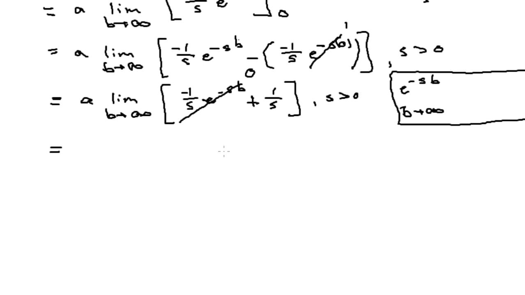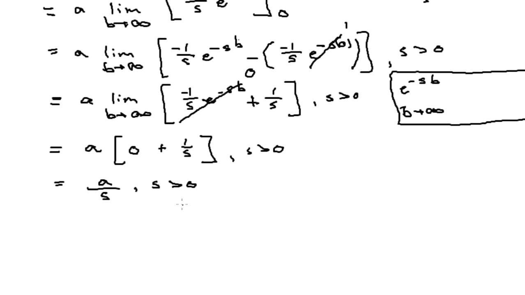Okay? So, magkakaroon tayo ng a multiplied by 0 plus 1 over s as long as s is greater than 0. Okay, so just multiply, magkakaroon a over s as long as s is greater than 0. Siguro naman dito nakita nyo na kung bakit s must be greater than 0, di ba?